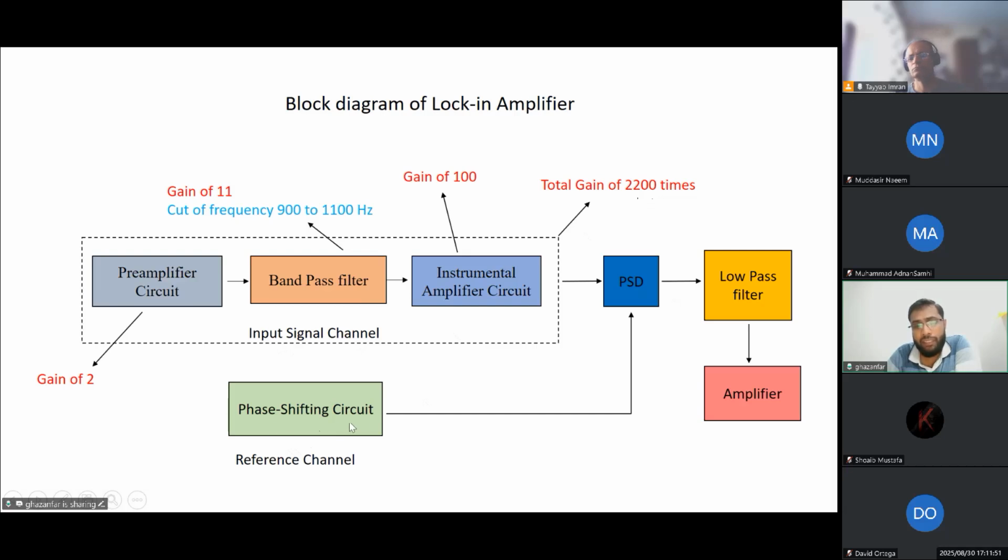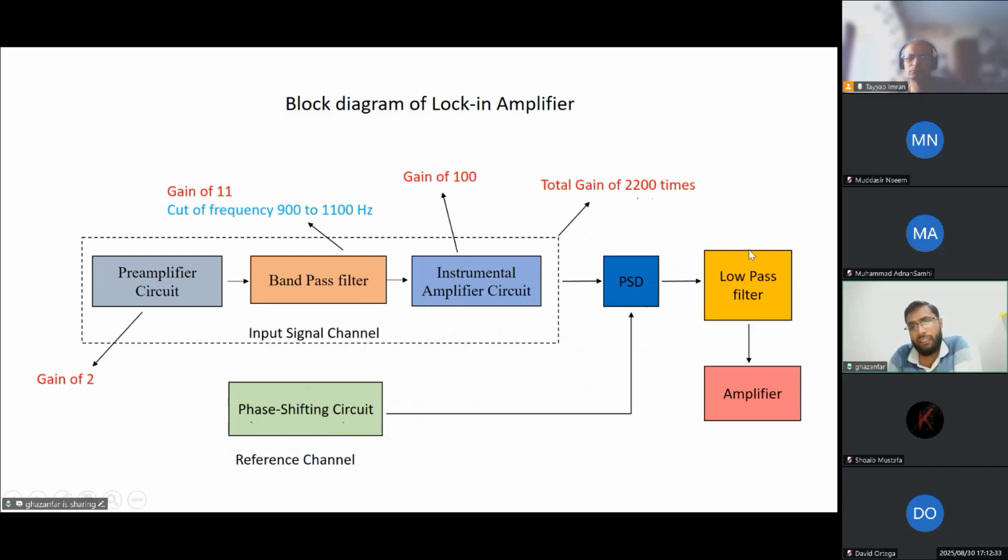And then we have the phase sensitive circuit. I didn't simulate this, but I found this circuit in another article, and I will definitely try to simulate this as well. These two signals are then passed through the phase sensitive detector, where they are multiplied, and we get our coherent input signal, which we wanted to get from the first place.